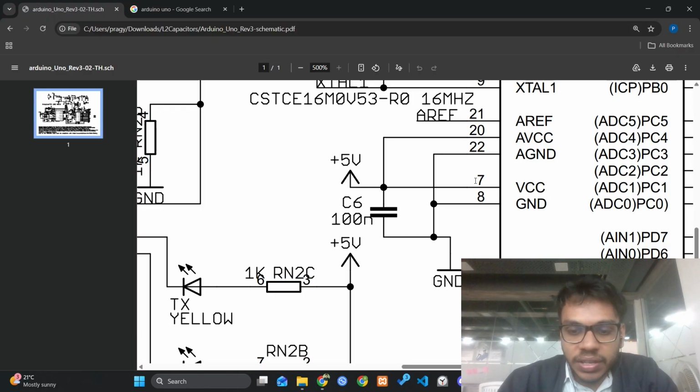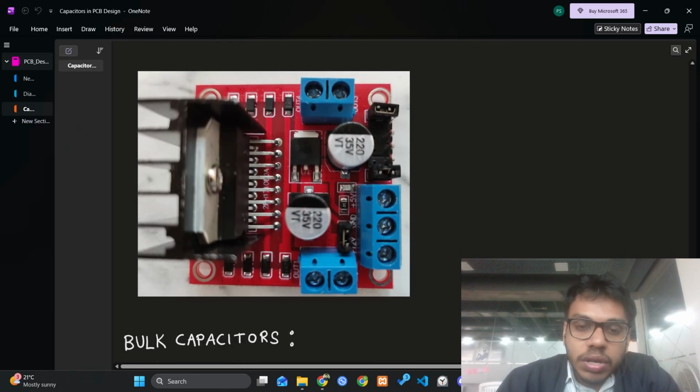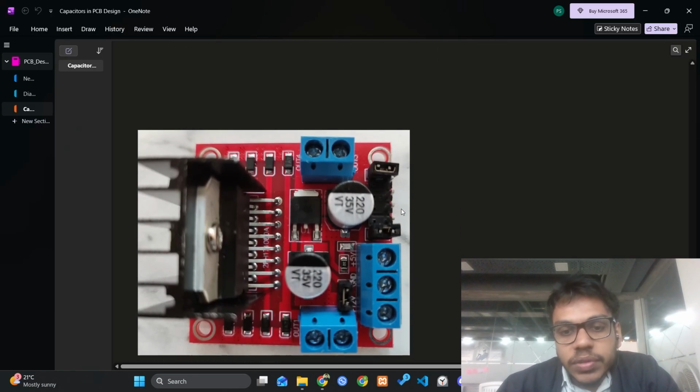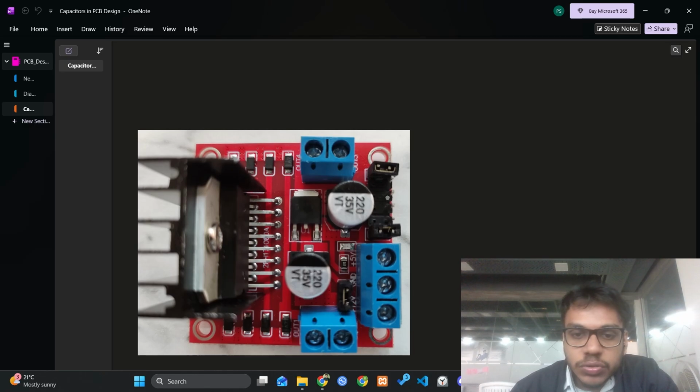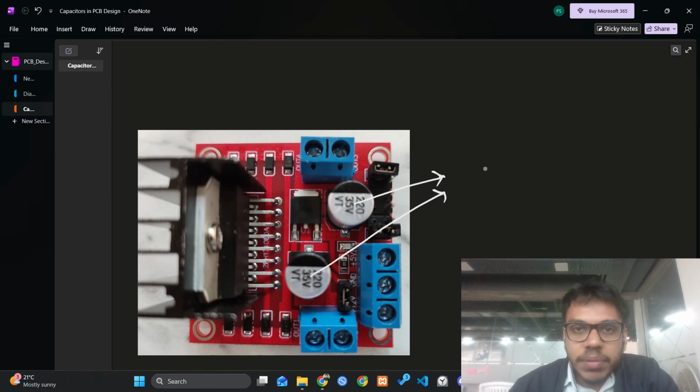Now, if we go back to the project that we are building, this motor driver, you will see these two bulk capacitors. Their purpose is slightly different from these decoupling capacitors.